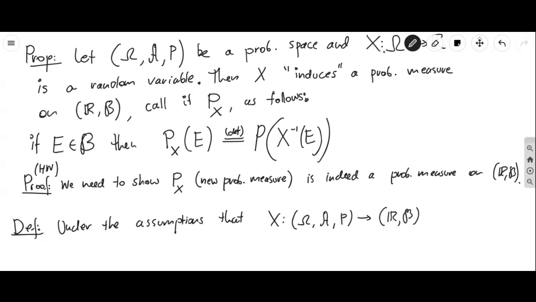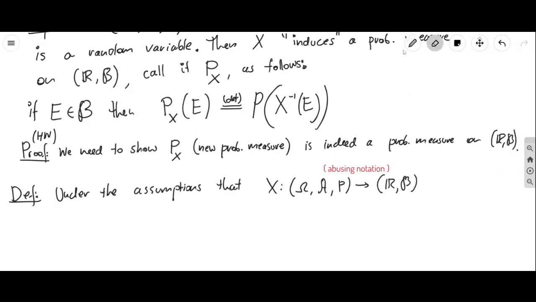So here I'm abusing notation. What I mean is that x, technically, is mapping the sample space to the real line. But the reason why I'm putting this in here is that these are additional assumptions we're making.